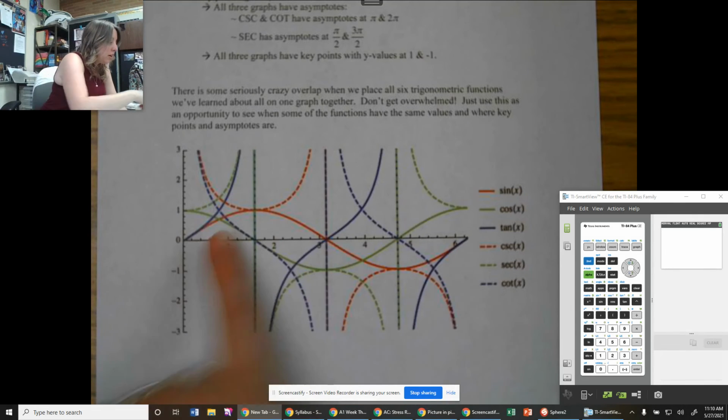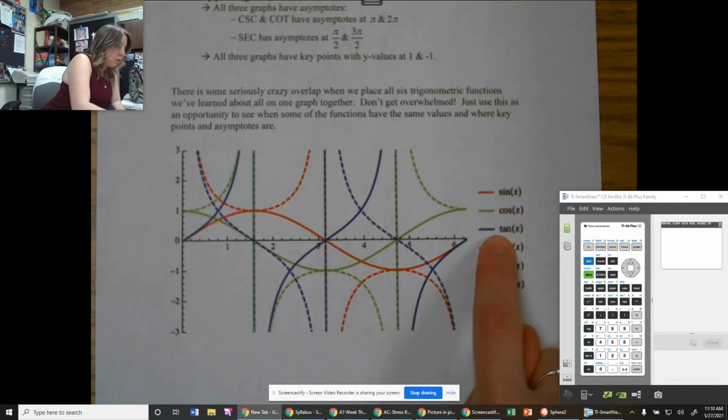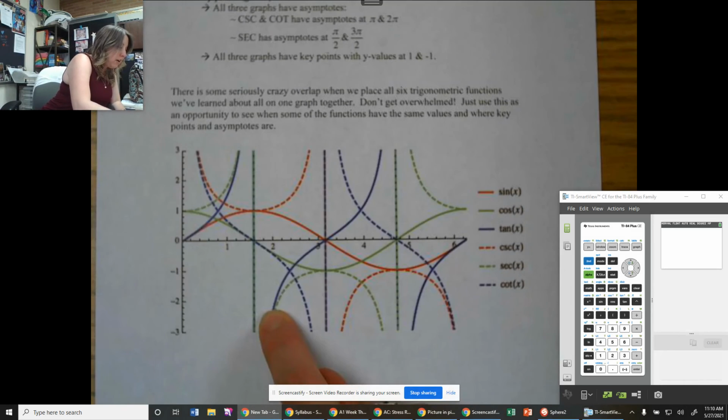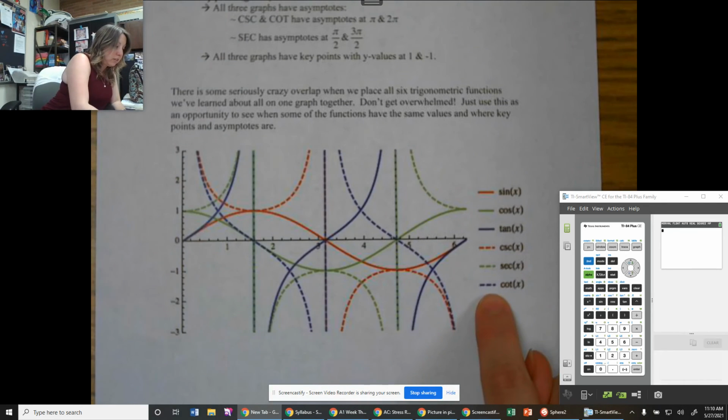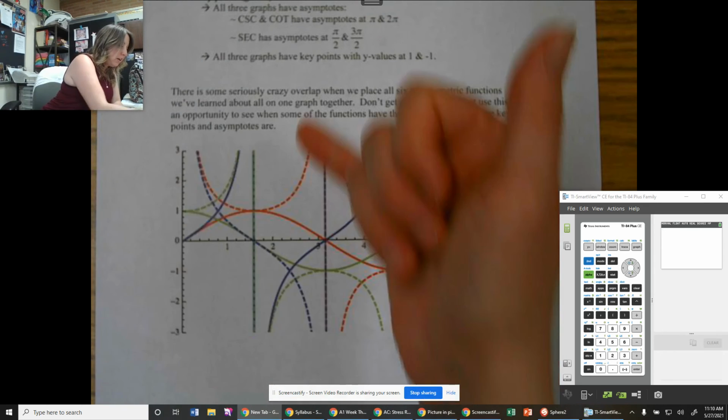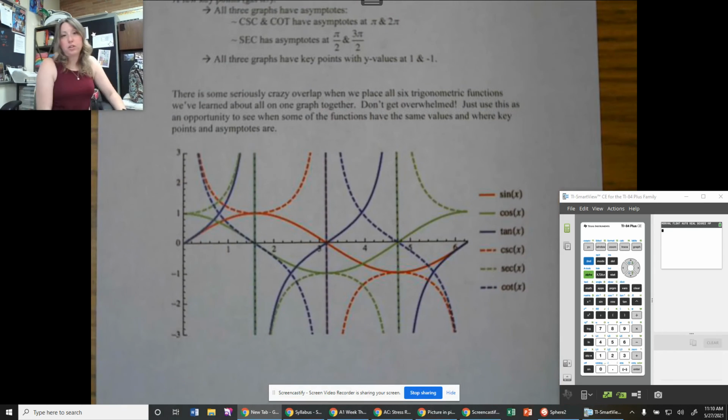And then, of course, here's your tangent in blue. There's your tangent function, and the opposite of that guy, the dotted blue, goes this direction, with your asymptotes for those particular things. So it gets overwhelming when you put all 6 of these trigonometric functions on one graph.